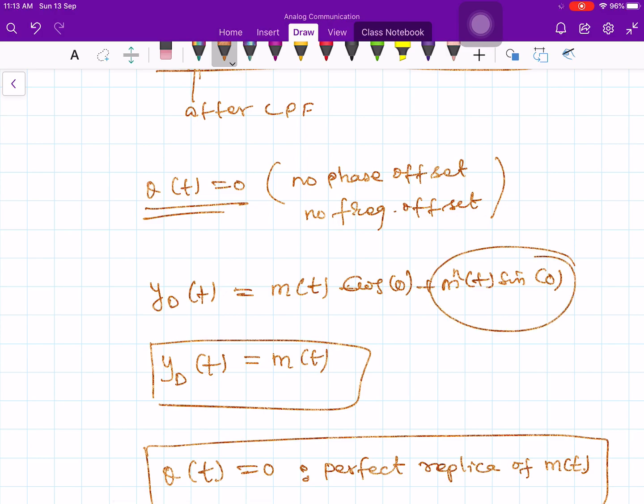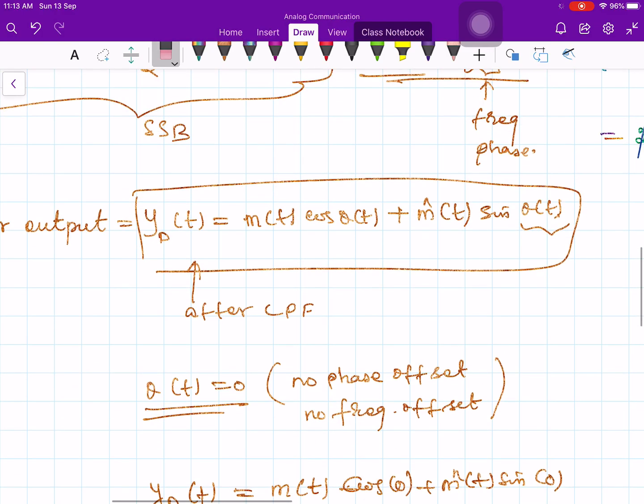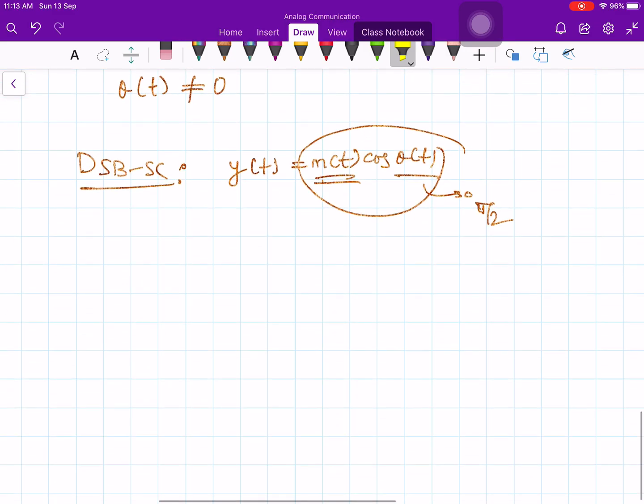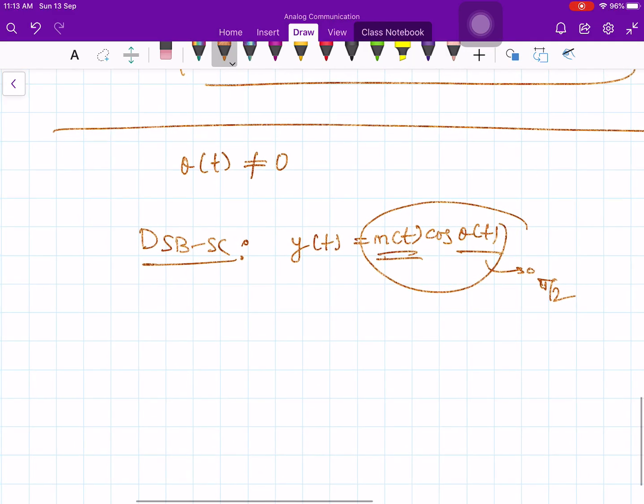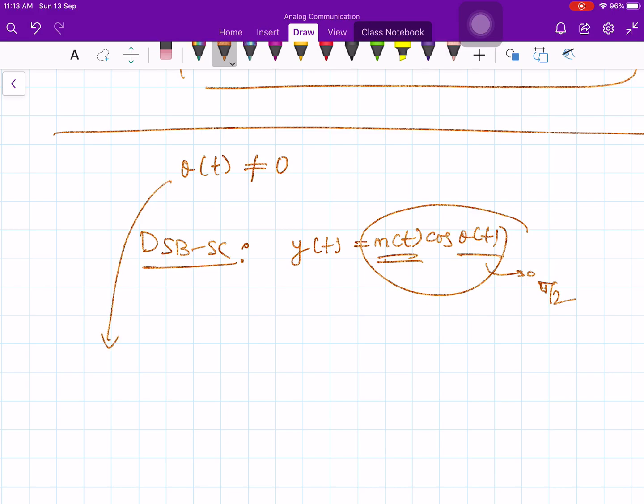You have one more term. So it is still more complex in SSB than in DSB. Therefore, if theta of t is not equal to 0, then in SSB y of t is equal to m of t times cos of theta of t plus m cap of t sin of theta of t.